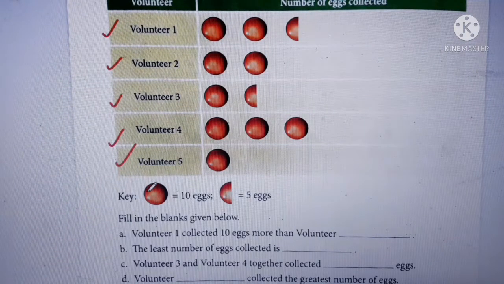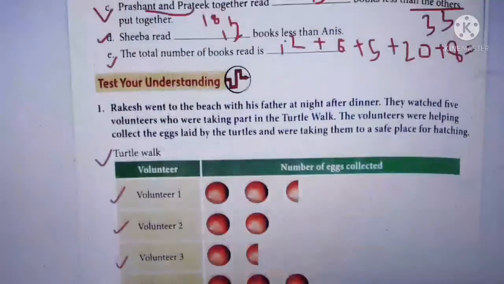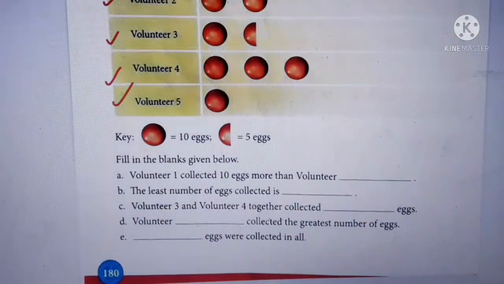So you can see one circle, one egg represents 10 eggs, whereas half an egg represents 5 eggs. So this is how you are going to calculate and find out the answer. This is just similar to the one which we have done now. So you try this yourself.